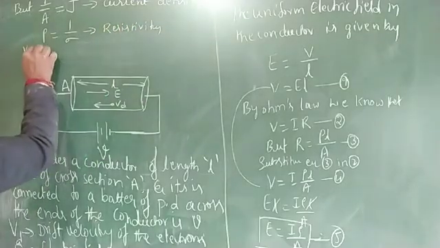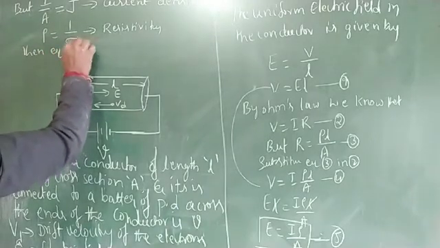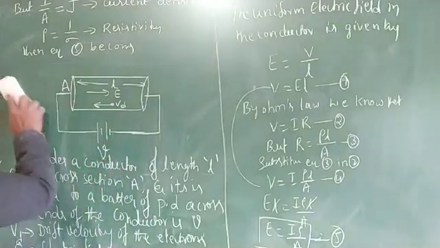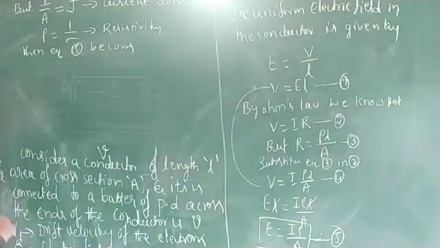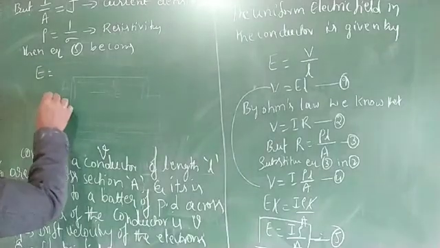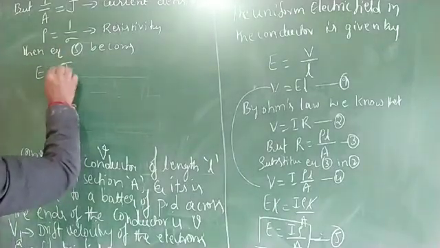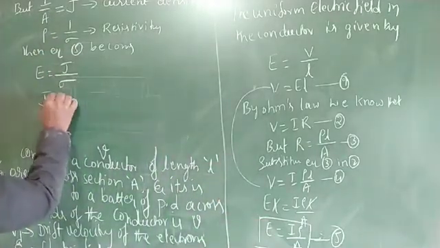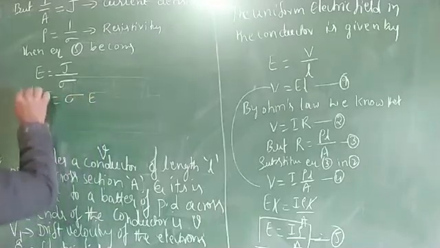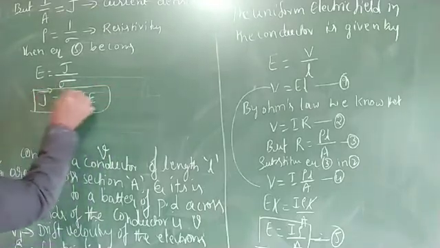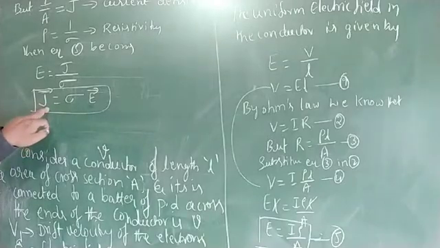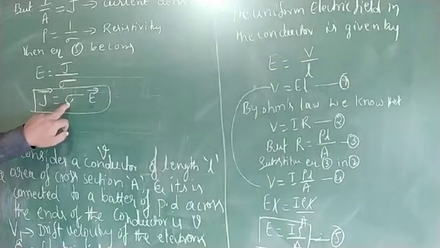Then equation 5 becomes E is equal to I divided by A, which is J, divided by rho, which is 1 divided by sigma. Therefore, J is equal to sigma E. This is the expression, the relation between current density and electric field, or between current density and conductivity, where sigma is the conductivity.